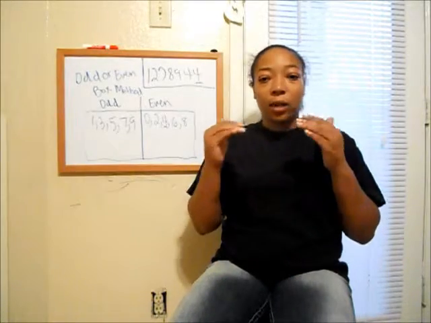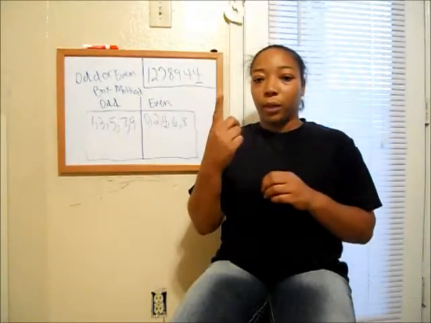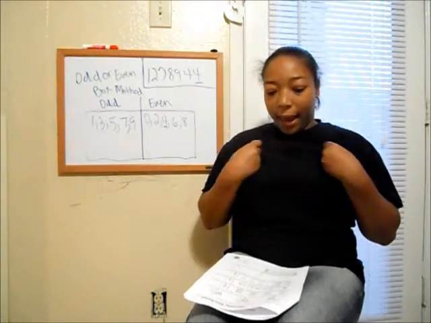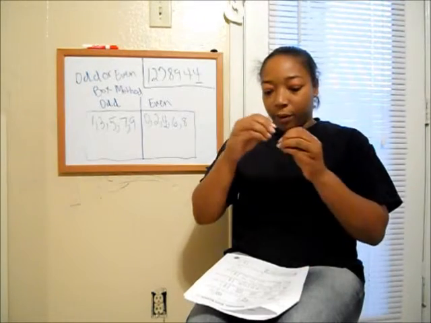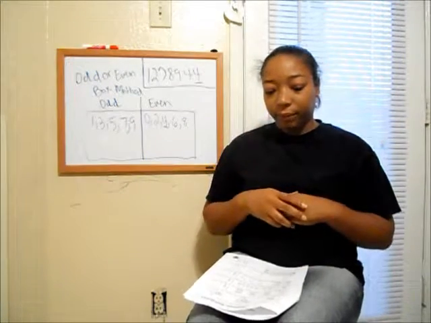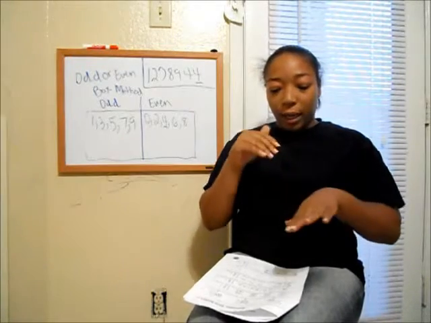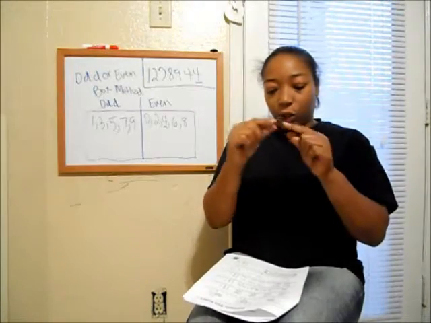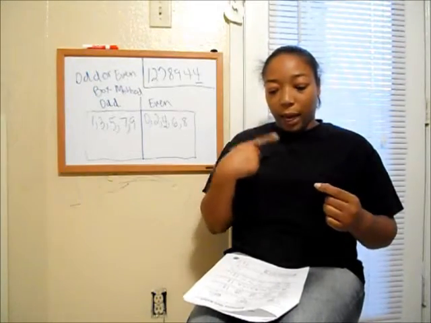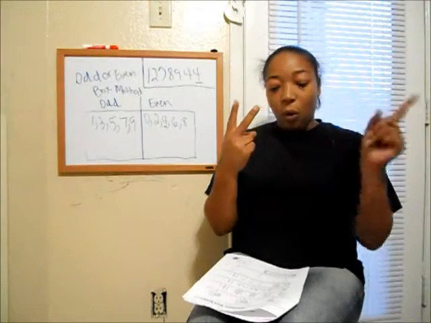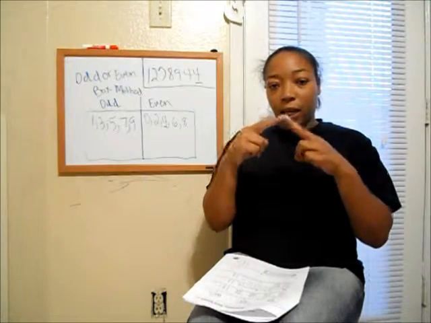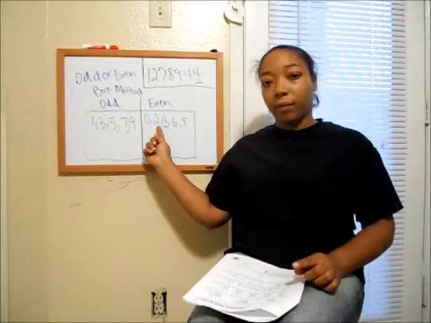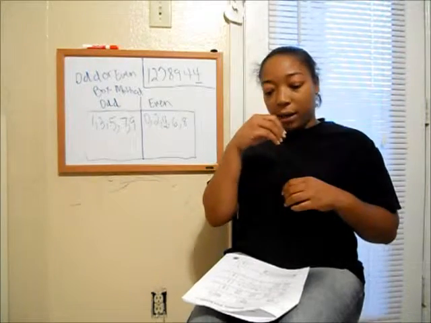Now, let's go ahead and look at problem number 1. Problem number 1 says, which group has an odd number of toys? So, when we look at the number of toys in each group, the first one has 2. Where is 2 in the even odd box method? Is that number odd?